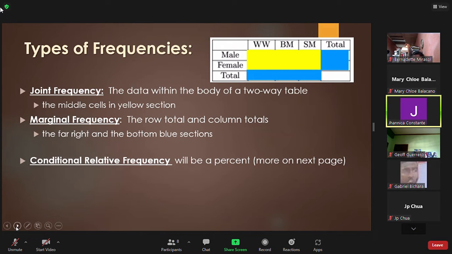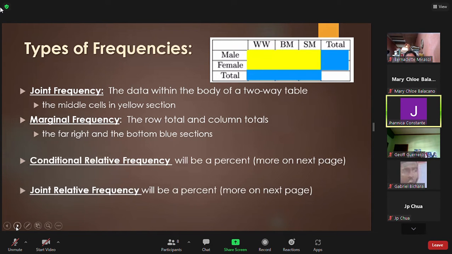That's the type of answer or solution that we can have using the joint frequency and the marginal frequency. The other one is what we call the joint relative frequency. The joint relative frequency will also be in percent.